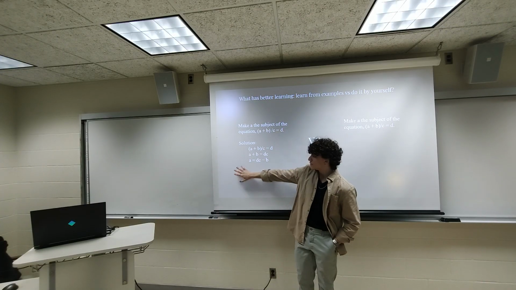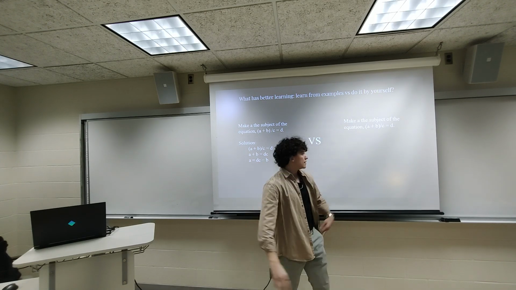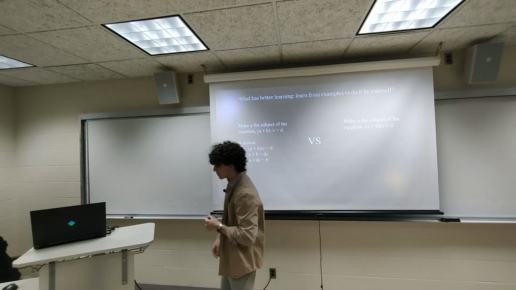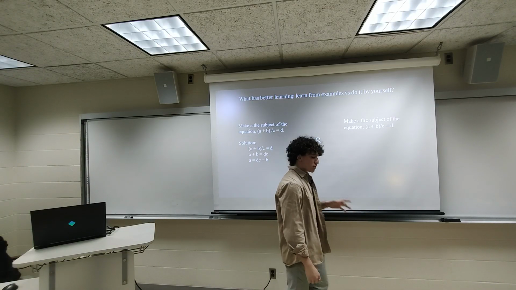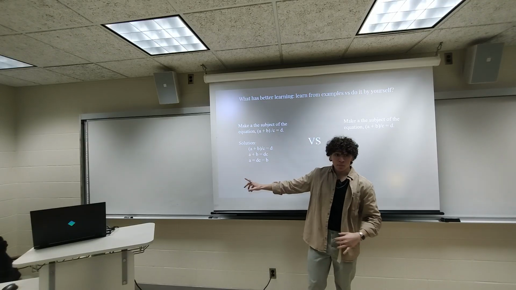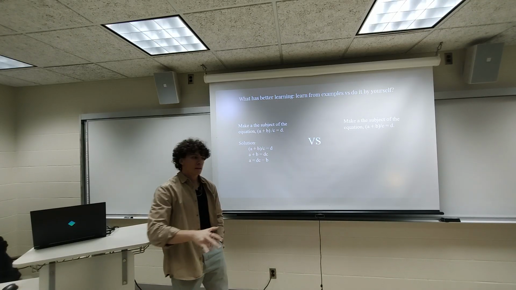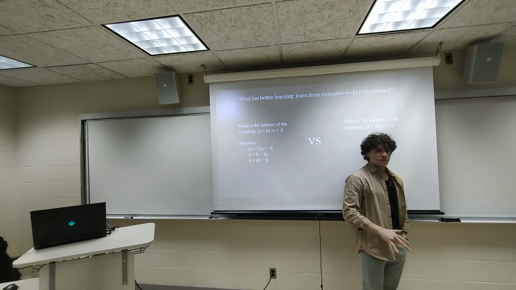So on one side, we have many, many examples, and then we have an explanation and exercises, exercises, exercises, exercises. What strategy do you guys think is better? So on one side, examples. Raise your hands if you think that showing a ton of examples would be better for learning in the initial stage.